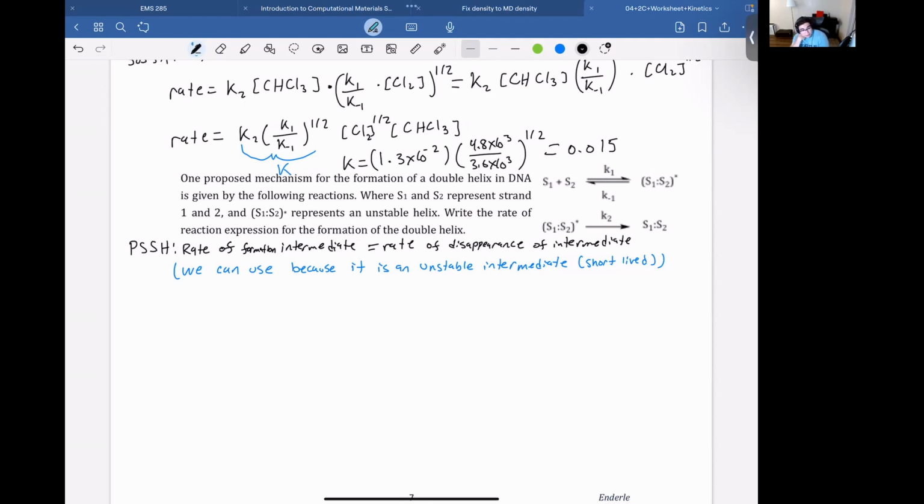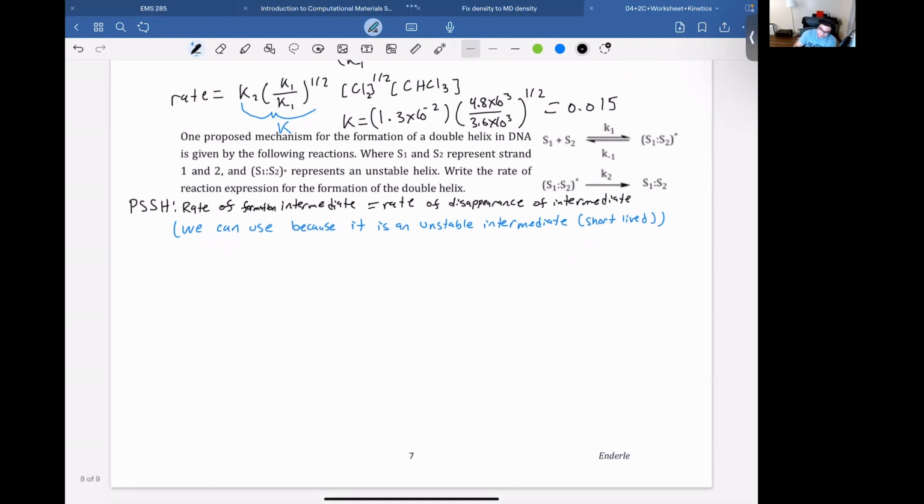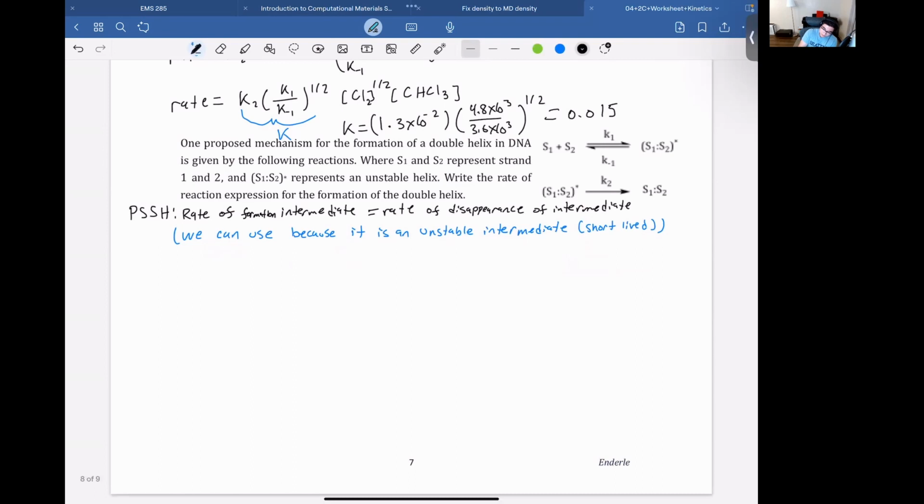So using this hypothesis, what we can say is the rate of formation of the intermediate, which is the forwards reaction, right? K1 times the concentration of S1 to the first power, concentration of S2 to the first power.